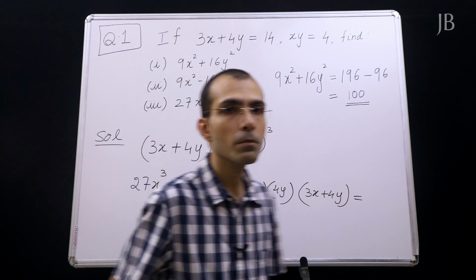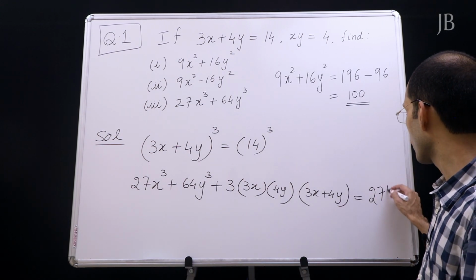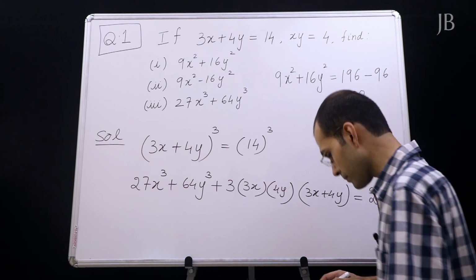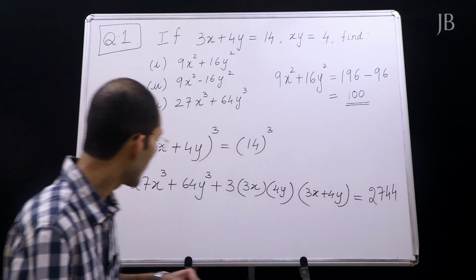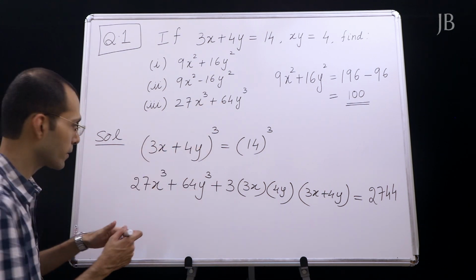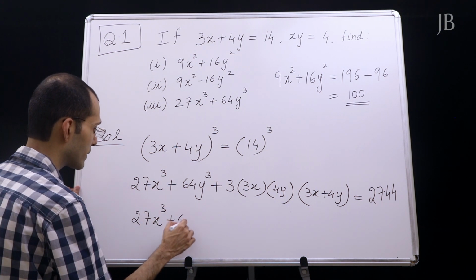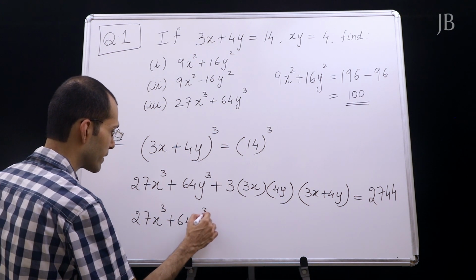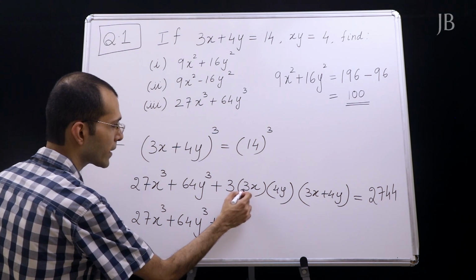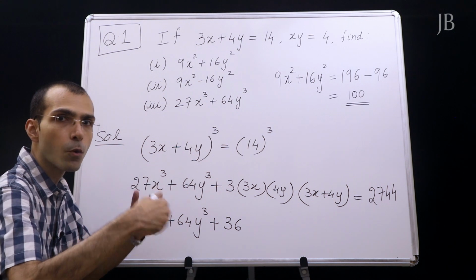How much is 14 cube? 2744. Okay. Now what is to be found out? 27x cube plus 64y cube. So 27x cube plus 64y cube will remain as it is. 3 into 3 is 9, 9 into 4 is 36, 36xy.